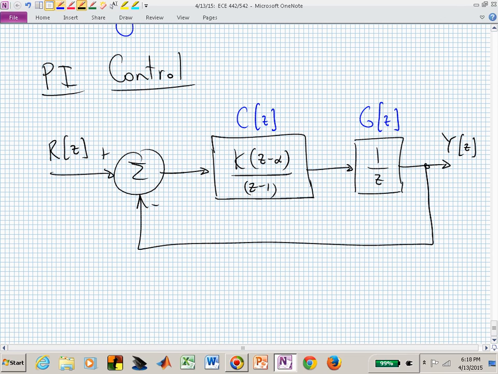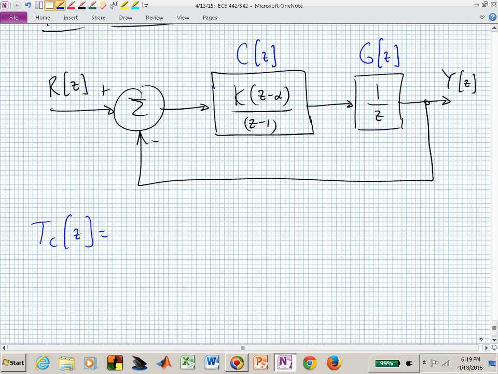Now if we wanted the closed loop transfer function, in terms of formula, that's the same as what we've always had. That's CG over 1 plus CG. It's just that now our C is a little bit more involved than with a proportional controller.